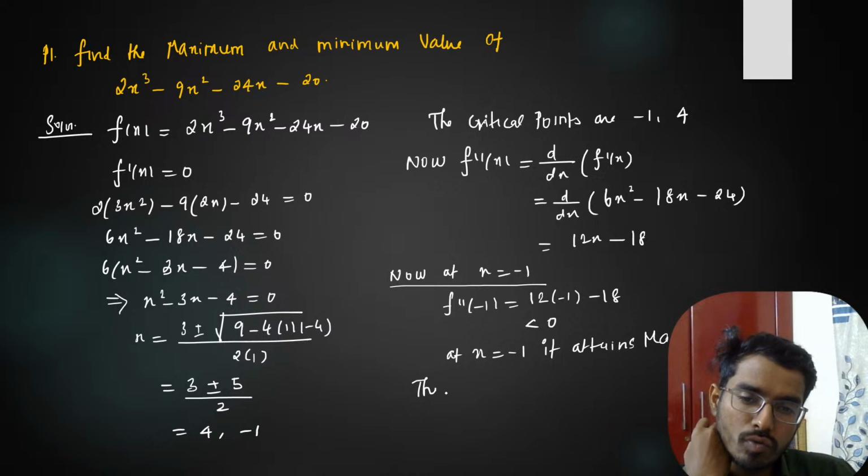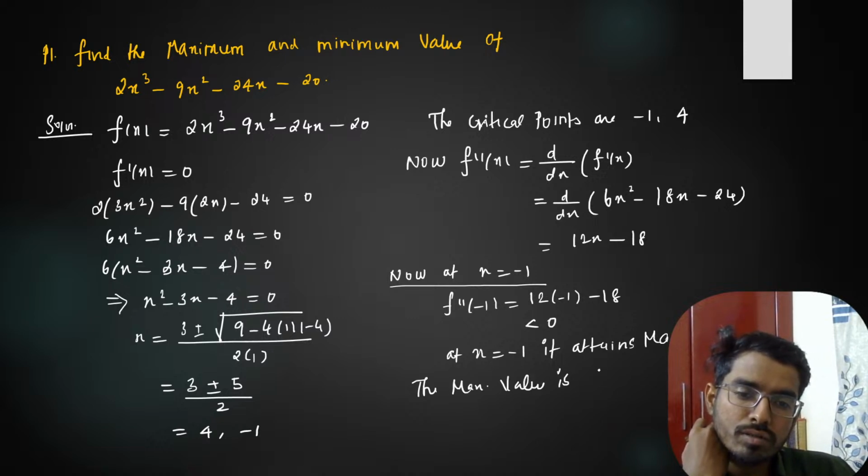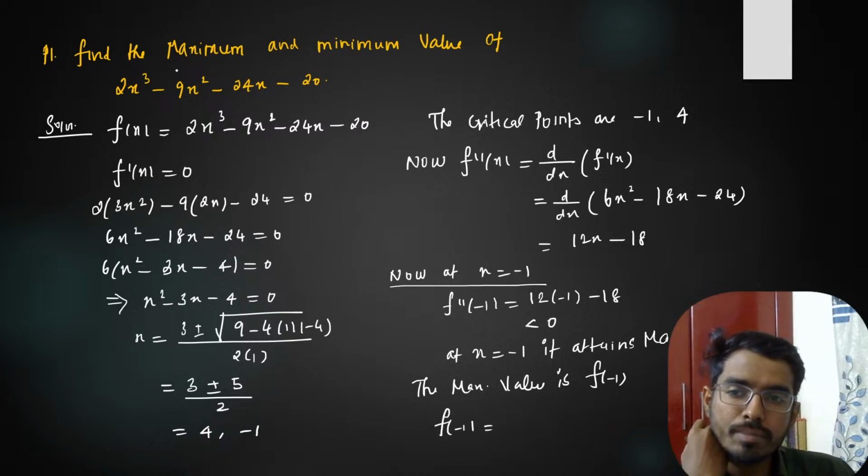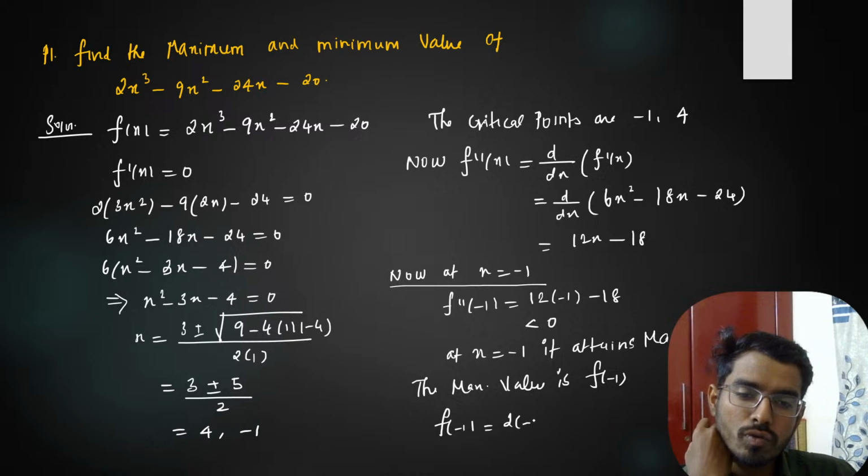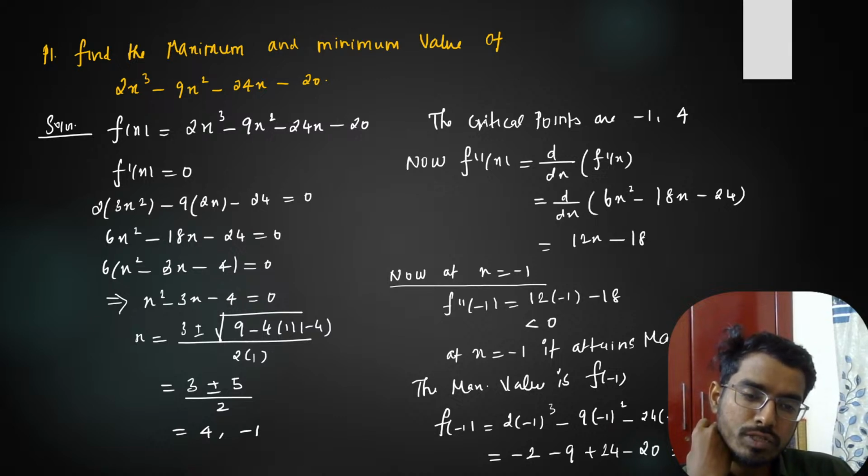The maximum value is f of minus 1. So what is f of minus 1? You substitute in the function: 2 into minus 1 whole cube, 9 into minus 1 whole square, 24 into minus 1, minus 20.